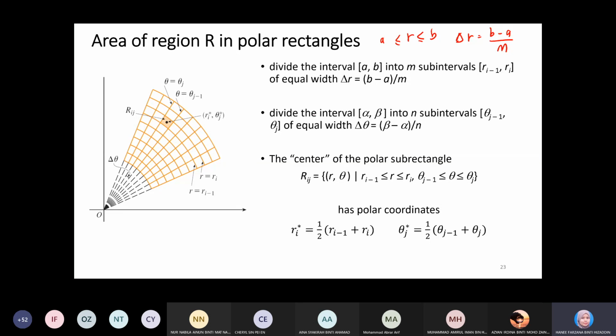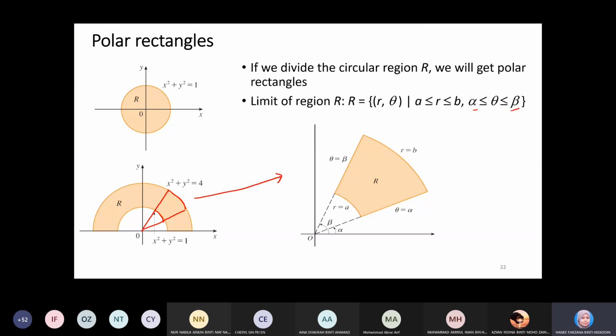You can also do the same for the interval alpha to beta, the angle theta: delta theta equals beta minus alpha divided by n, because you're dividing it into n subintervals.